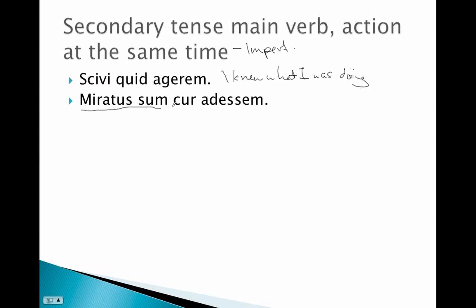Or mirata sum, I wondered why I was present, I wondered why I was there. So these actions are happening at the same time, but they're both happening in the past.